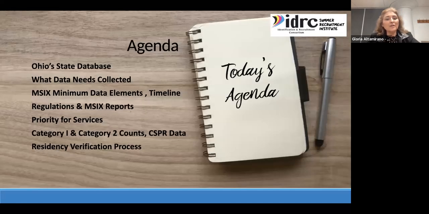We'll talk about the Ohio state database, what data needs collected, the minimum data elements, and the timelines in which those data elements need to be put into M6, the regulations and M6 reports, priority for services. I'll talk about how we do it here in Ohio, the category 1 and 2 counts and how that pertains to the CSPR data that's required, and then a little bit about the residency verification process.